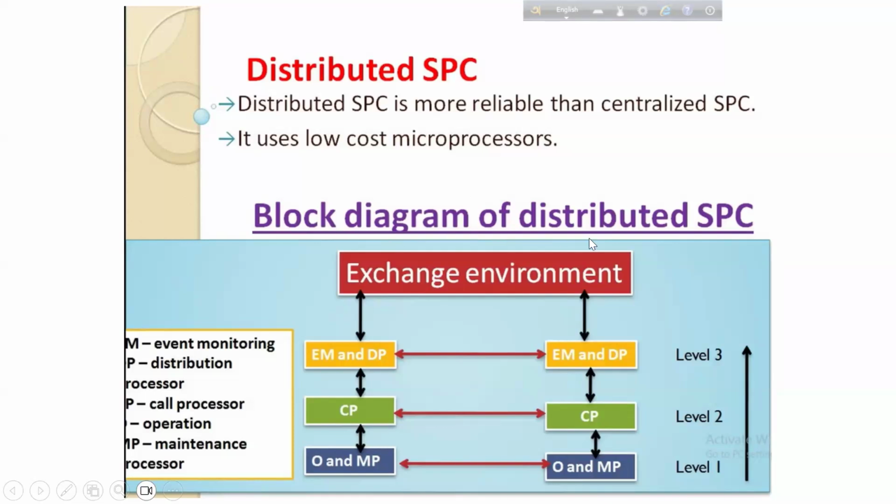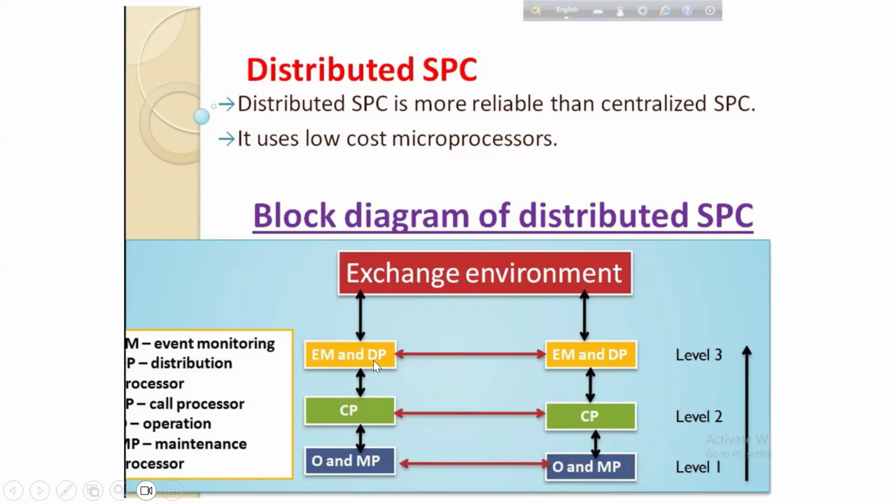So if we see the block diagram of a distributed SPC, this is the exchange environment, that means the users, from which we are going to receive different signals. From the exchange environment, EM means event monitoring. It is represented by EM.